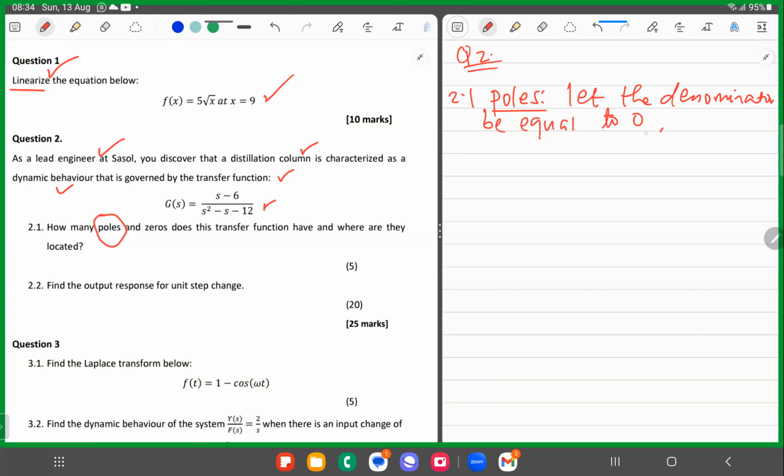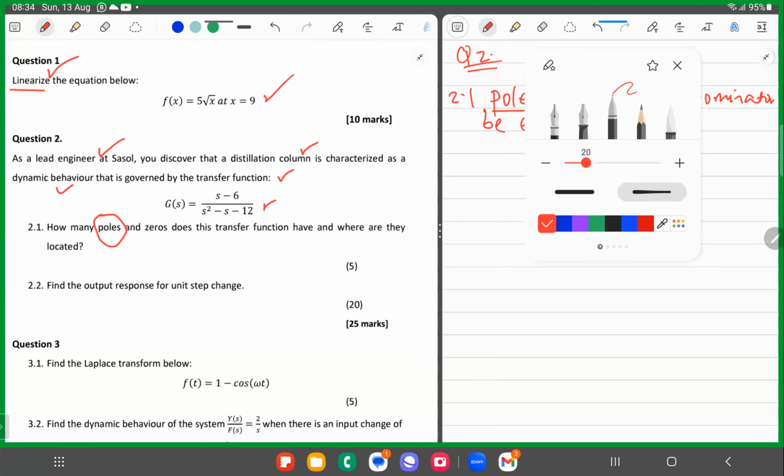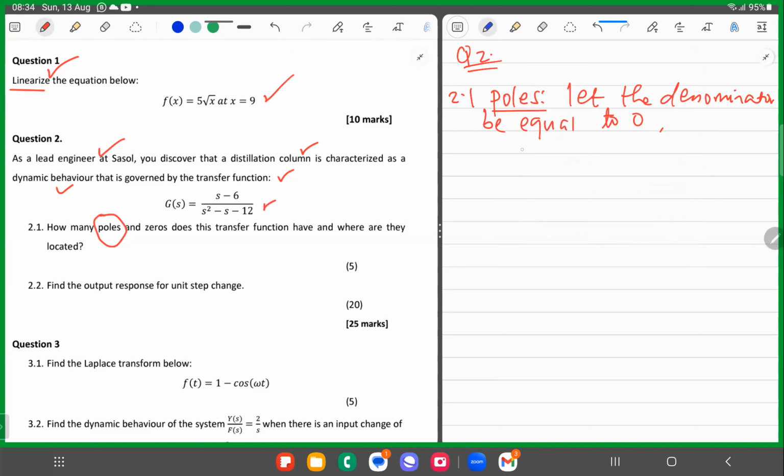All right, which means that if the denominator equals 0, then s squared minus s minus 12 equals 0, because that is the denominator there. So here you then have the factorization to do.